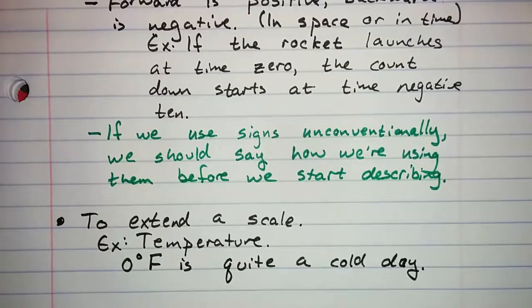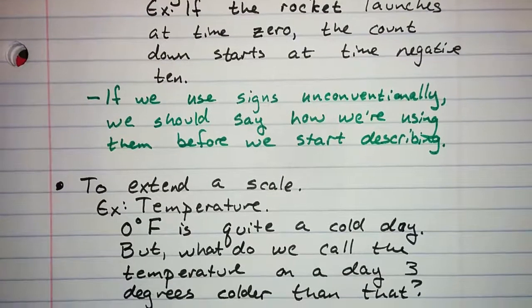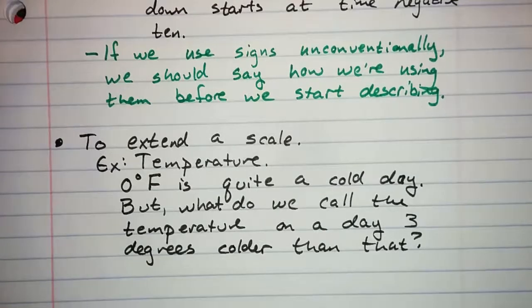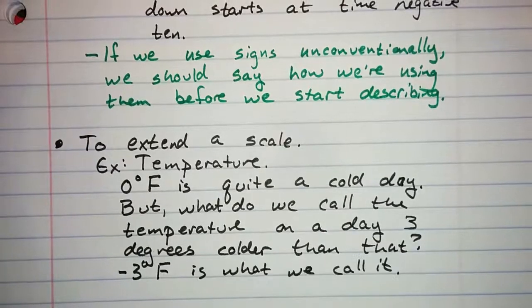And in fact, 0 degrees Fahrenheit is quite a cold day. But what do we call the temperature on a day 3 degrees colder than that? Well, we call it -3 degrees Fahrenheit. Here, we're introducing these negative temperatures in order to measure something that's colder than what we said was 0.